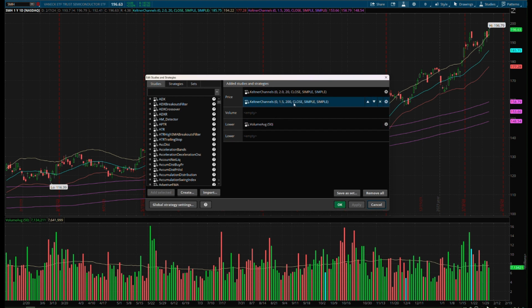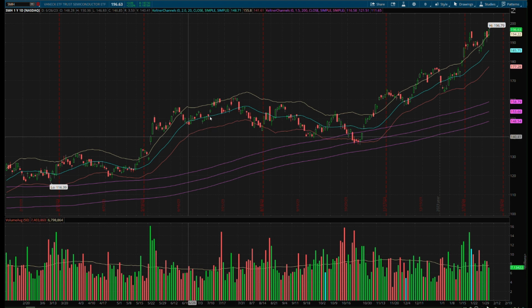We will still keep the 200 at 1.5 as it is. Now you can see that this is supposed to be a sell point within the channel. We don't need to sell, so we can stay longer, or avoid these kinds of errors.